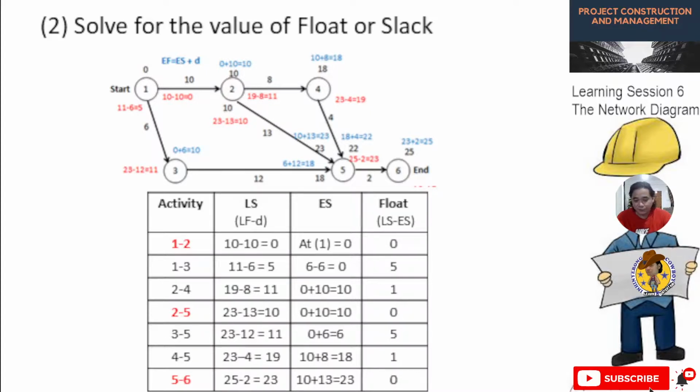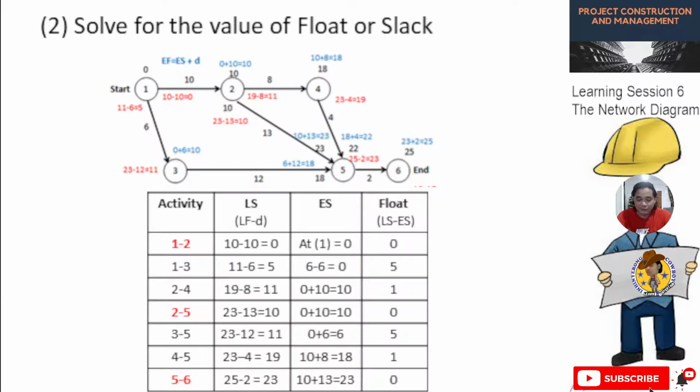So what's the reason why these computations, or this tool, actually this is a tool for monitoring, are very important in project management? If you are a project manager or project engineer, why is this diagram very important in the project?